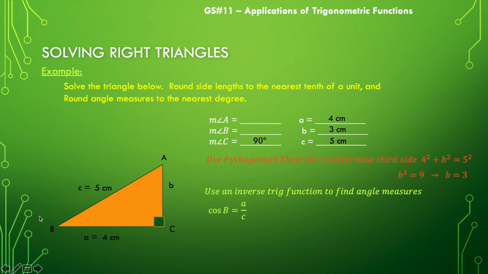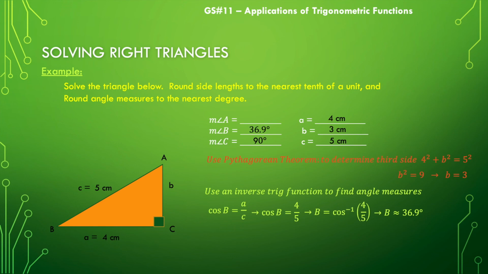If I'm thinking about angle B, the cosine of angle B will be 4 over 5, or adjacent over hypotenuse. Now if I want to isolate B, I'm going to have to take the inverse trig function of cosine, or the cosine inverse of both sides. And so B will equal the cosine inverse of 4/5, which we can get from our calculator, and we ended up with B is about 36.9 degrees.